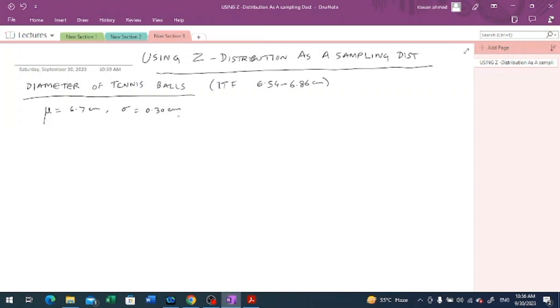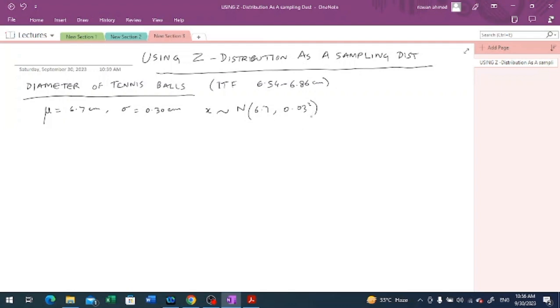Let's suppose they are giving this important assumption along with these two values of mean and standard deviation. Therefore, we can restate that the random variable x, representing the diameter of tennis balls, follows a normal distribution with mean 6.7 centimeters and standard deviation of 0.3 centimeters. If we would indicate it as variance, we just need to raise it to square. So this is how we do it.